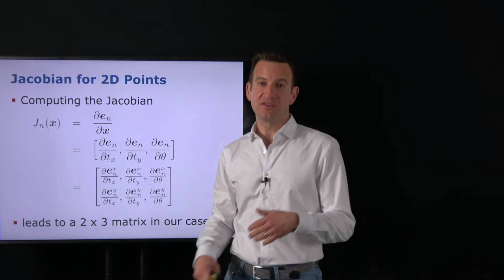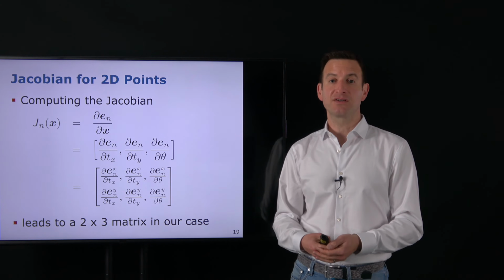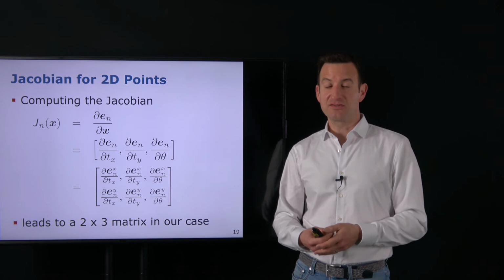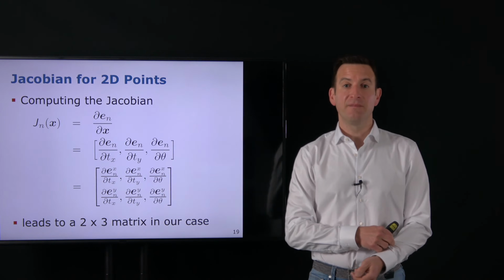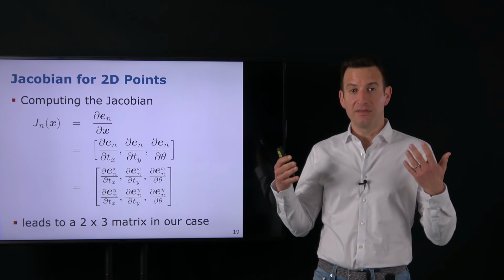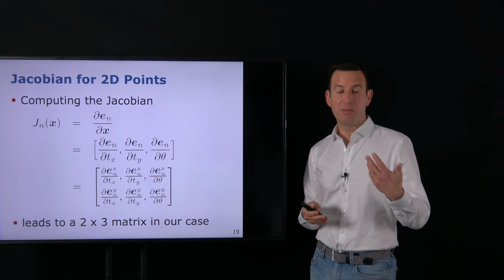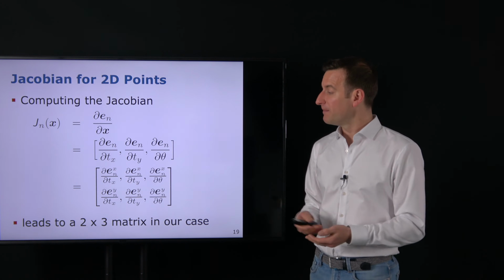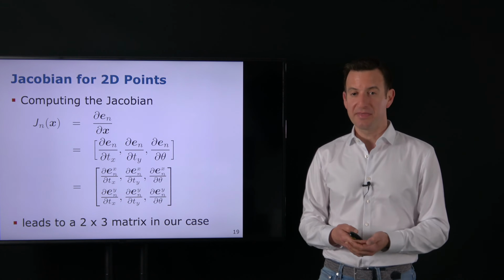And this Jacobian is then the common component that I need in order to generate a linearized error function. And then I'm just following the standard least squares procedure. I'm just using this Jacobian in order to formulate the system of normal equations, and then solve this system and come up with a better estimate of my parameters Tx, Ty, and theta.